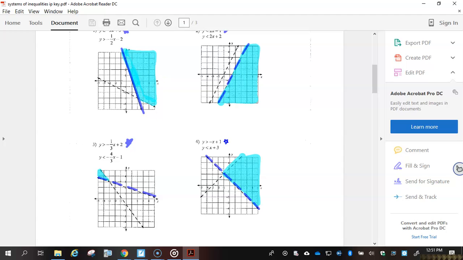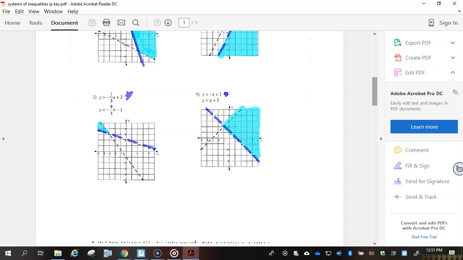For number 3, you only had this little piece of overlap. Both of your lines were dashed. For number 4, this should have been your overlap, and then again, both of your lines dashed. Questions on those 4?